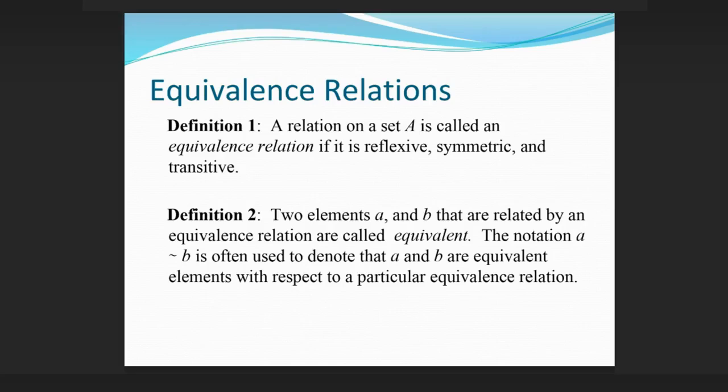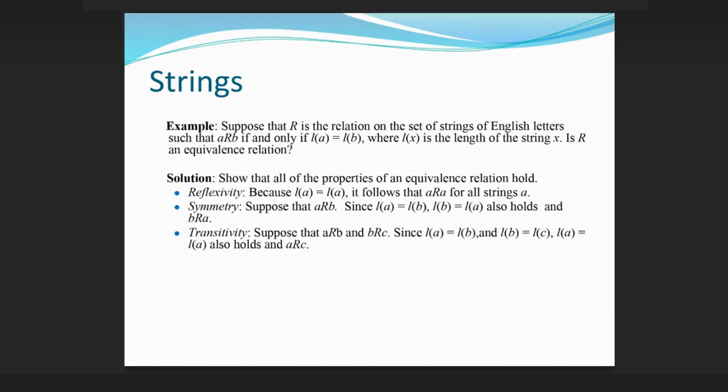The notation a ~ b is often used to denote that a and b are equivalent elements with respect to a particular equivalence relation. Strings. Example: suppose that R is the relation on the set of strings of English letters such that aRb if and only if l(a) equals l(b), where l(x) is the length of the string x. Is R an equivalence relation? Solution: show that all of the properties of an equivalence relation hold.